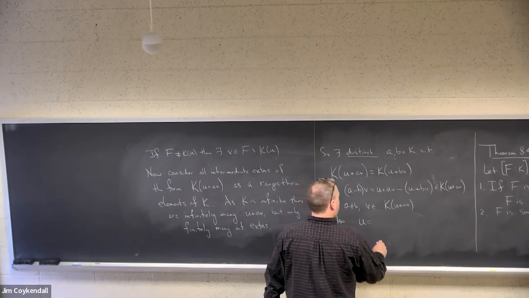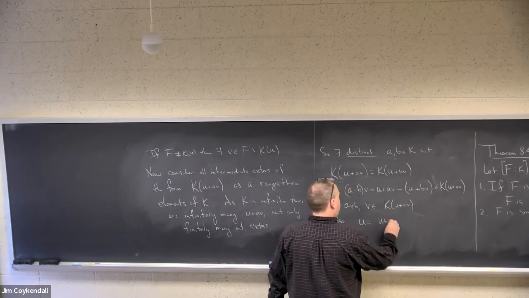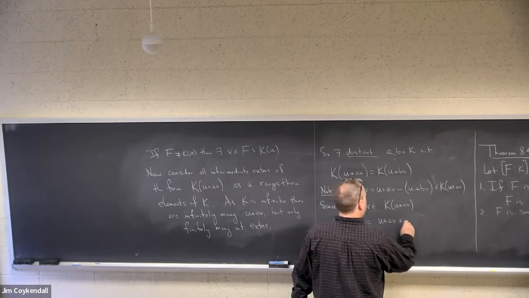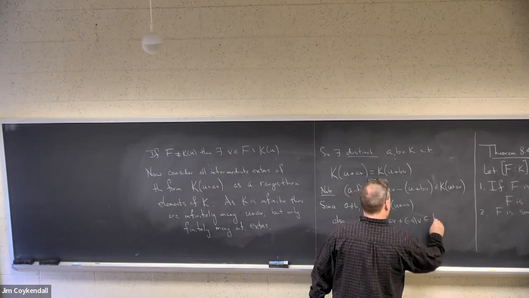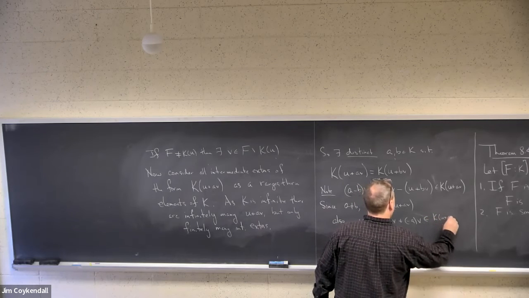Then u, which is u plus av plus negative a times v, is in K(u plus av) as well.